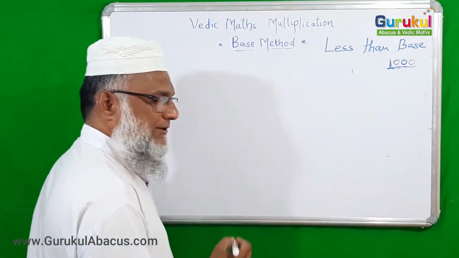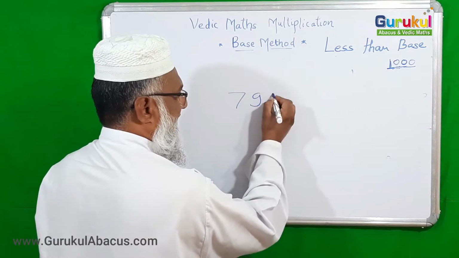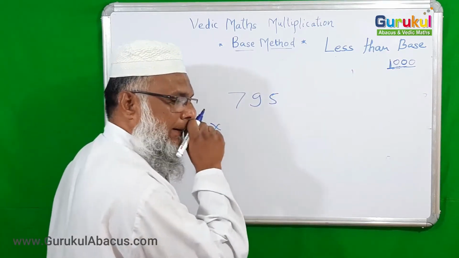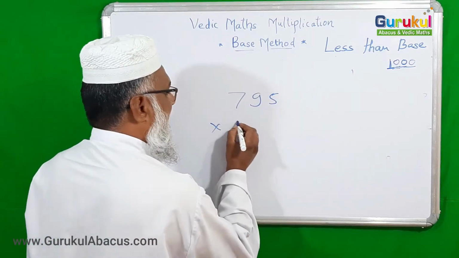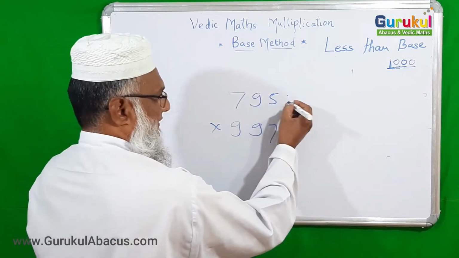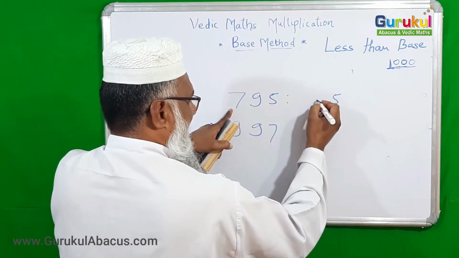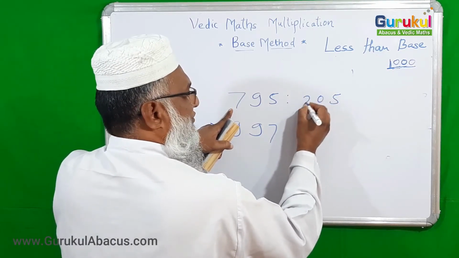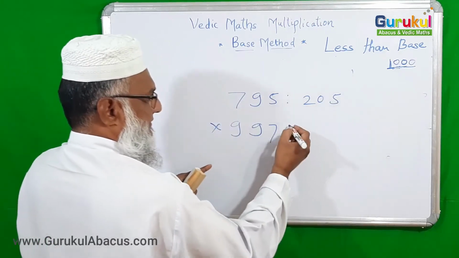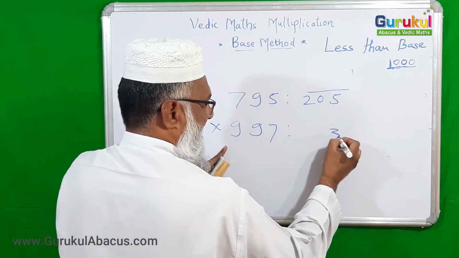Next example is here: 795 multiplied by 997. Okay, now the first number is less than 1000 by 205. I did that with the previous subtraction method, and here it is less by 3.